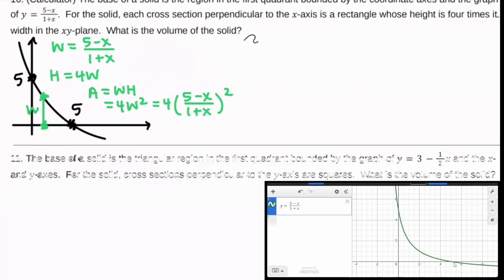Definitely going to want to use the calculator for that. But volume is the integral of the area formula, so 4 times that fraction squared. And we're going to integrate x from 0 to 5.